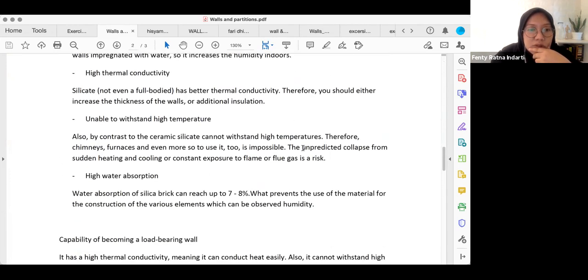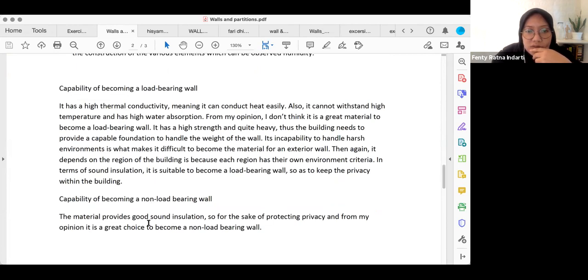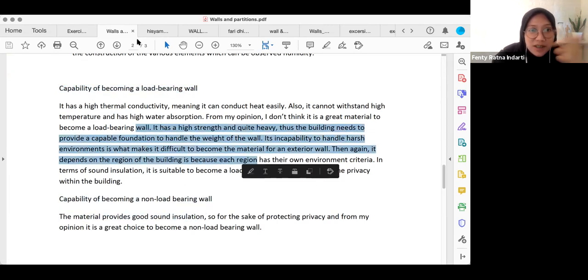Advantages. Oh, it's a long one. Ability as a typical load bearing wall. It has high thermal conductivity. Well, as you can see here, this one is not really explaining why it is capable of being a load bearing wall and non-load bearing wall.